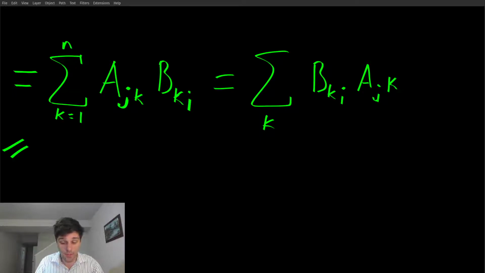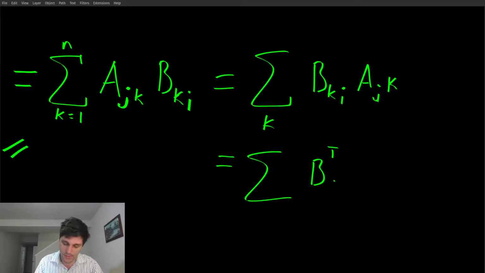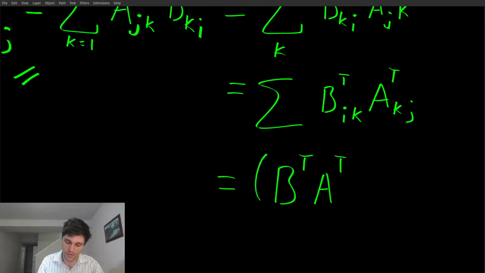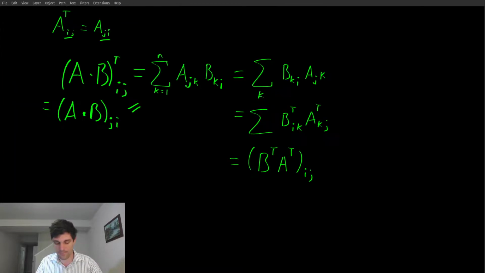And because transpose flips them, that's going to be equal to the sum of B transpose ik A transpose kj, which is the definition of the product of B transpose A transpose. So that's equal to B transpose A transpose at ij, right?